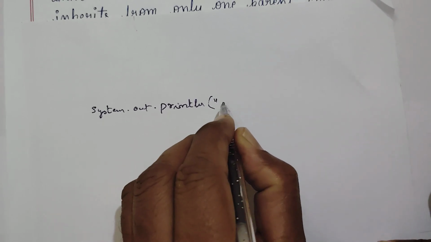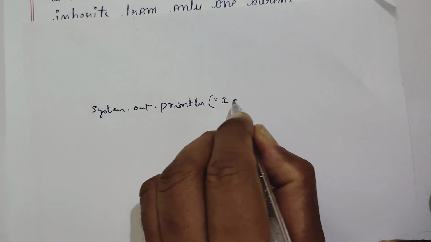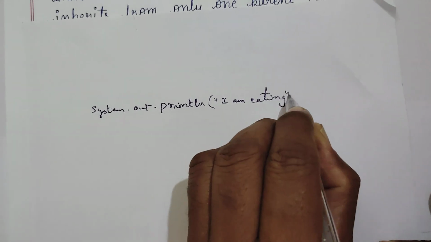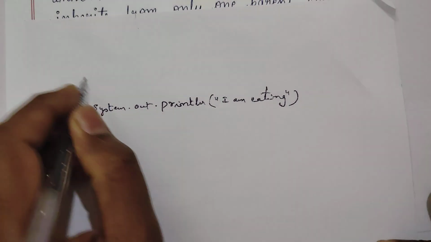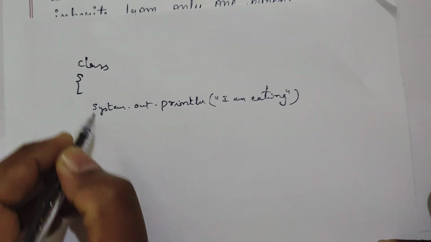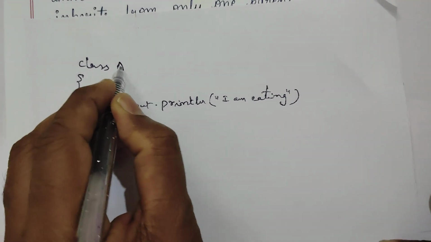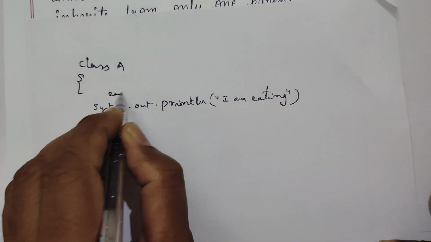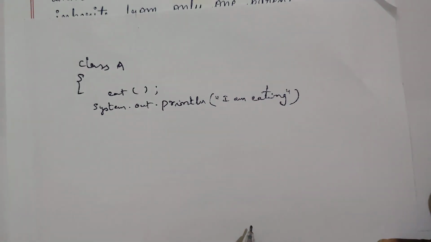In this, it may be "I am eating." If you are going to take a class, the class name is A, that is the parent class, and we are going to write some method eat.